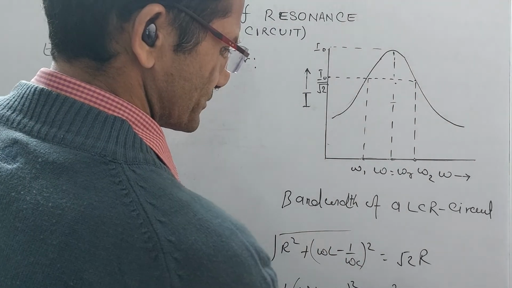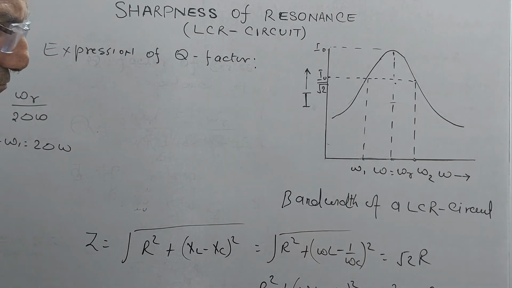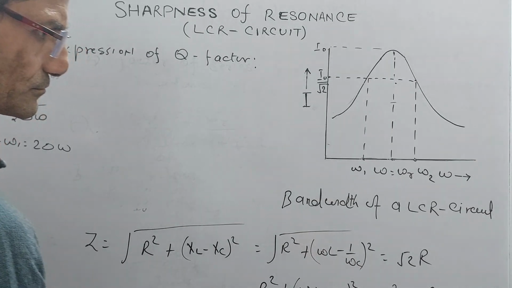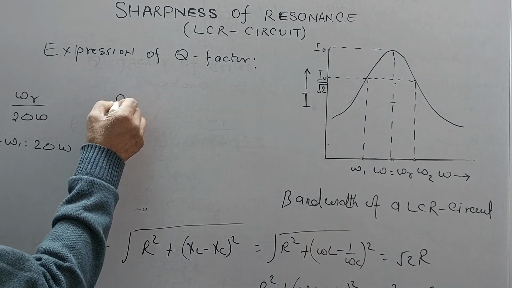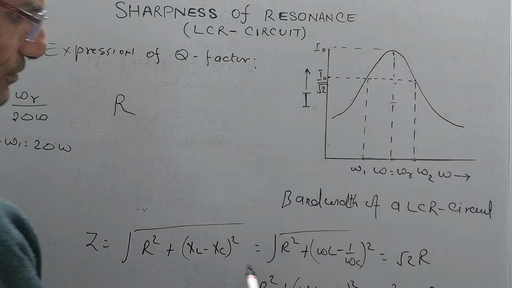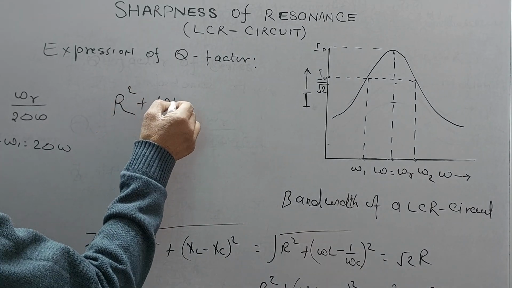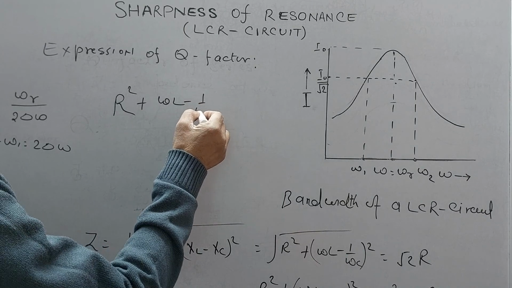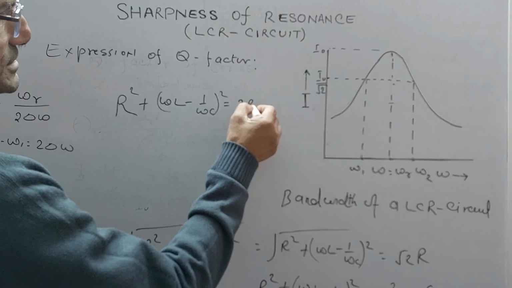Now from equation number one, R square plus omega L minus omega C, whole square, is equal to twice R square.